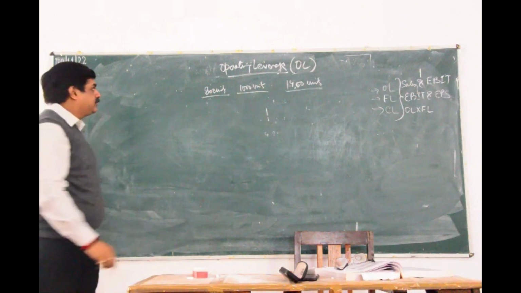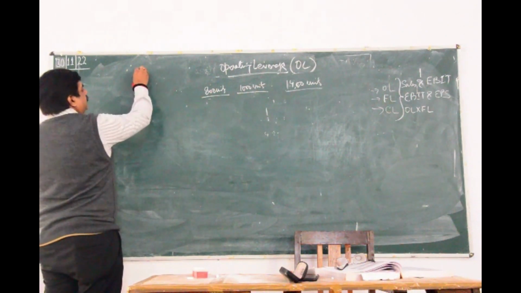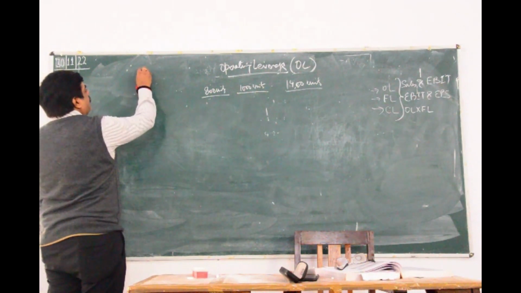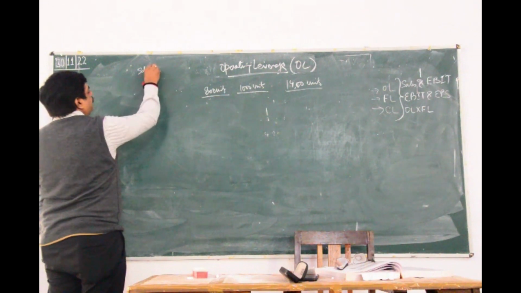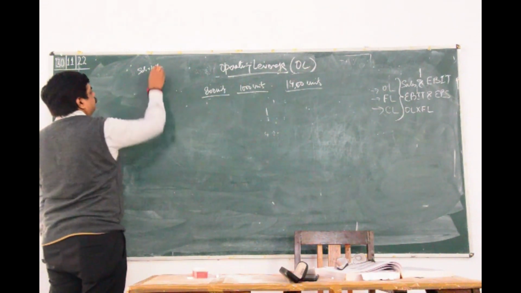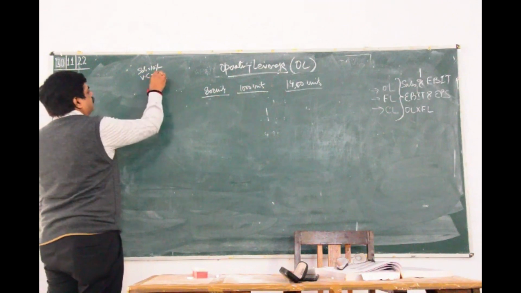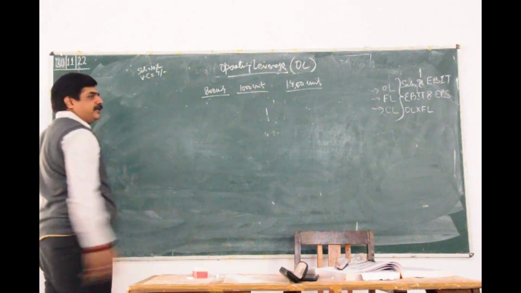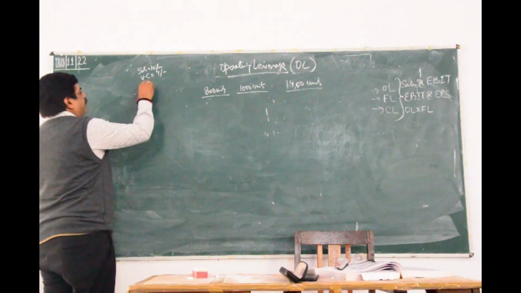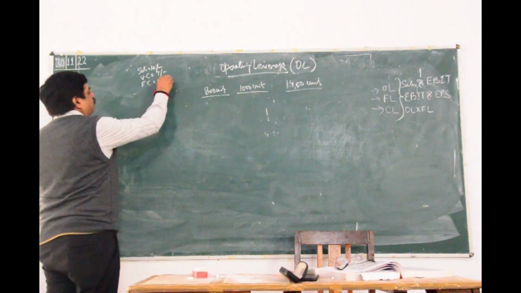Everything remains the same. What we have taken? Sale is given as 10 per unit. Variable cost is given as rupees 7 per unit. Fixed cost is given as 1000.